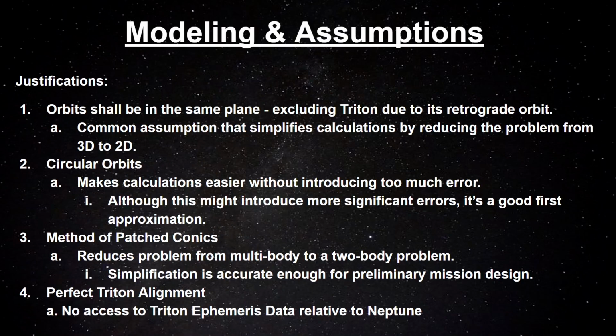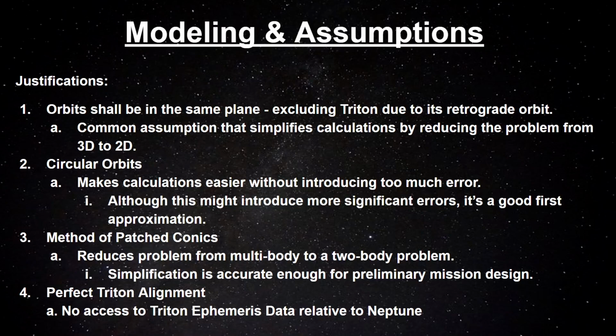Some of our justifications for what the team has done: we're excluding Triton's orbit plane due to its retrograde orbit, going from 3D to 2D for our calculations. A circular orbit makes calculations easier without introducing too much error. Although this might introduce more significant errors, it's a good first approximation.